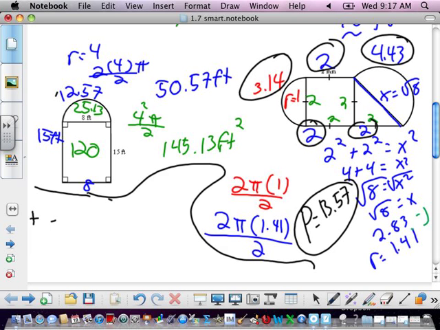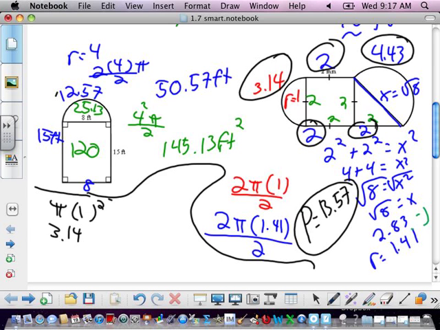I'm going to start working out the area over here. I know the radius of that half circle is 1. So how am I going to find the area? What's the area of a circle again? Pi r squared. So I'm going to do pi times 1 squared, and I'm going to get 3.14.